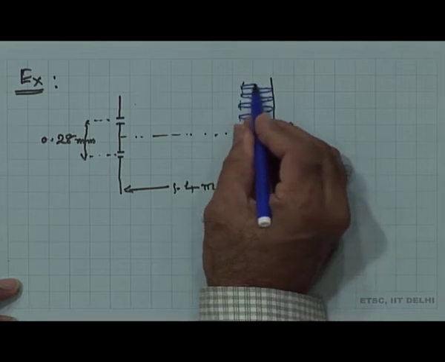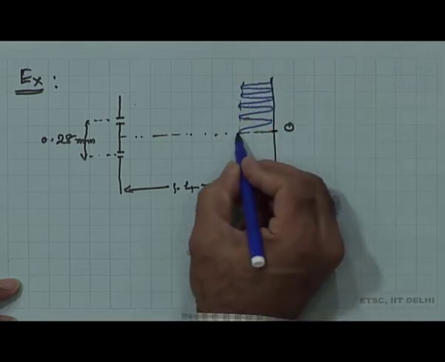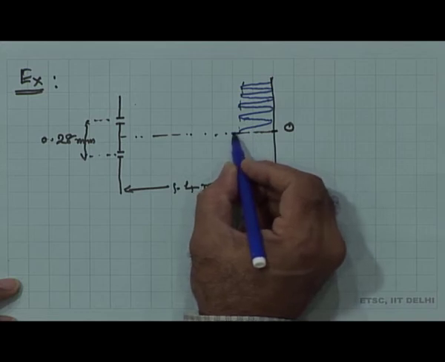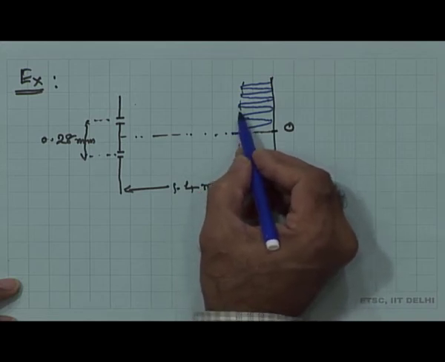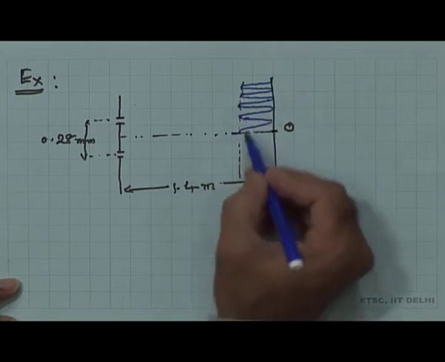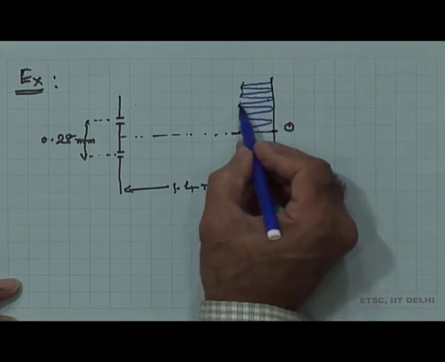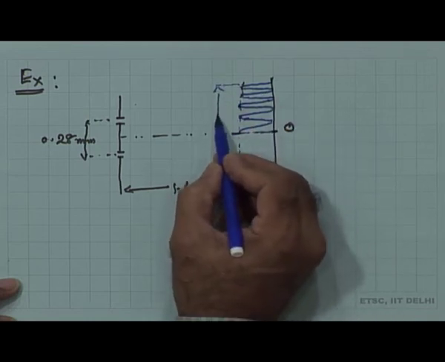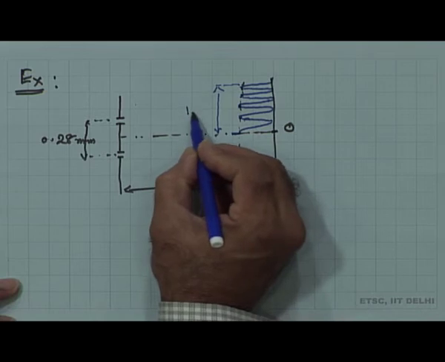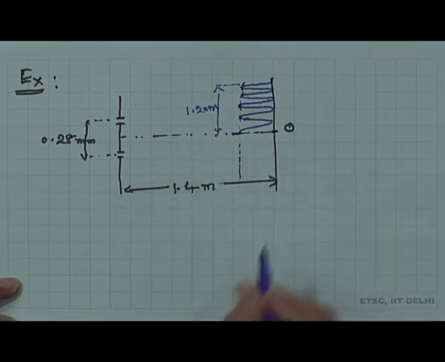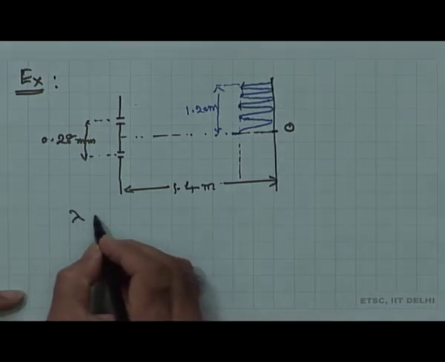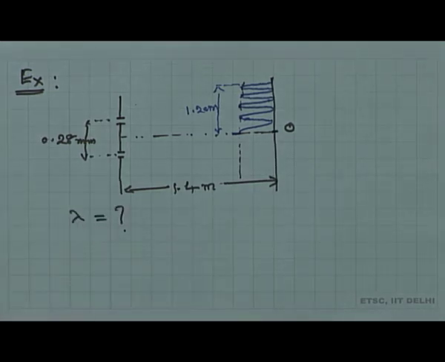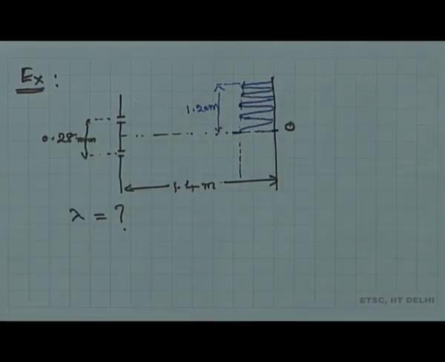What is given is the distance between the central fringe and the fourth maxima, that is 0th, 1, 2, 3, 4, the fourth fringe here, which is given to be 1.2 centimeter. Determine the wavelength of light. So, lambda equal to how much? The given data is now reflecting, and we need to determine the wavelength of light.